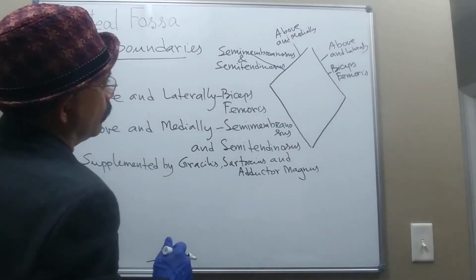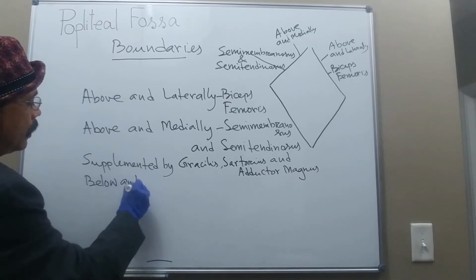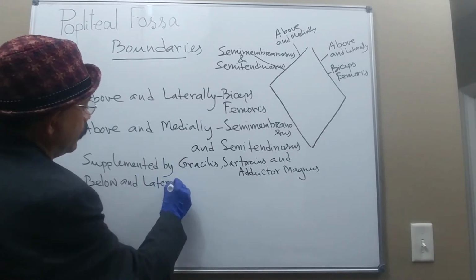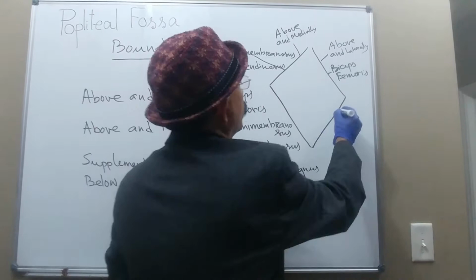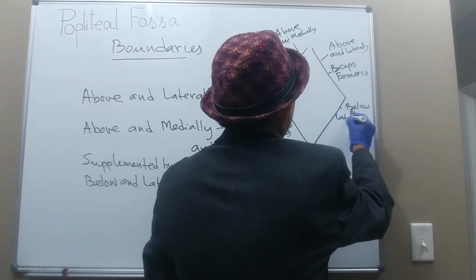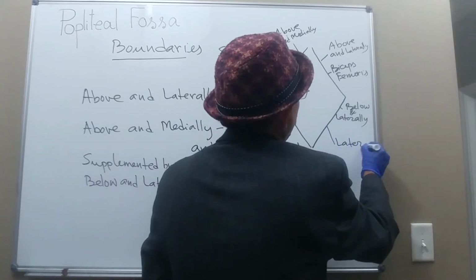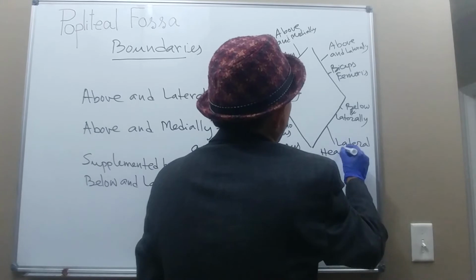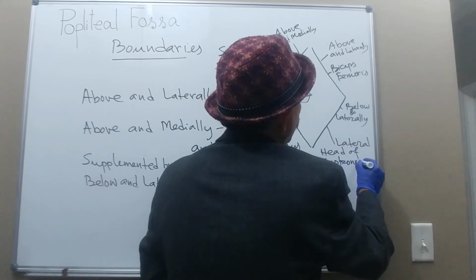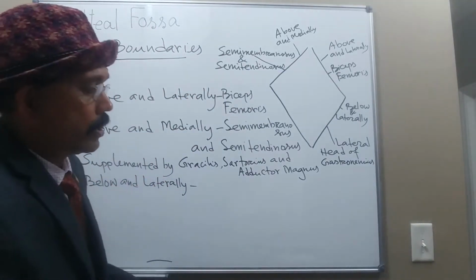Now we'll go to below and laterally. Below and laterally, it is bounded by the lateral head of the gastrocnemius muscle, supplemented by the plantaris muscle.